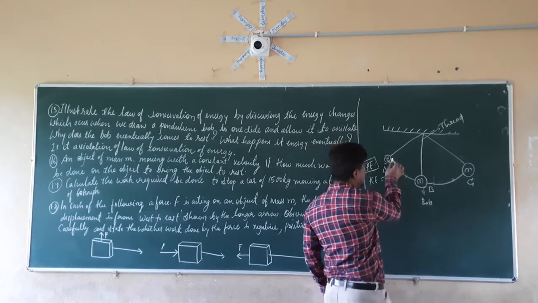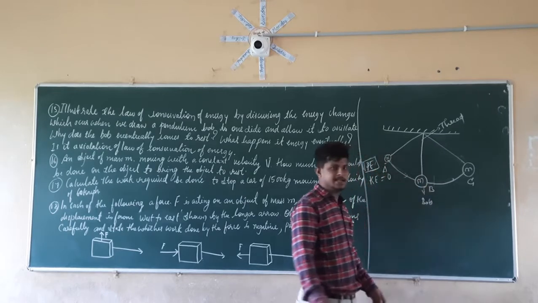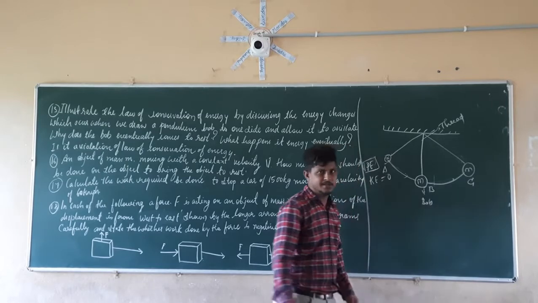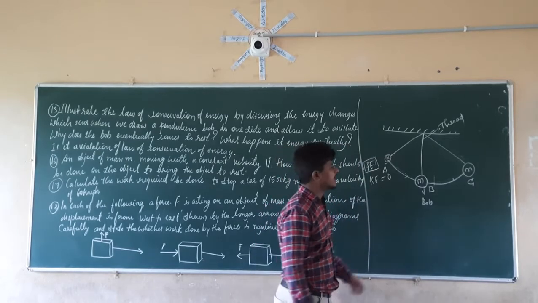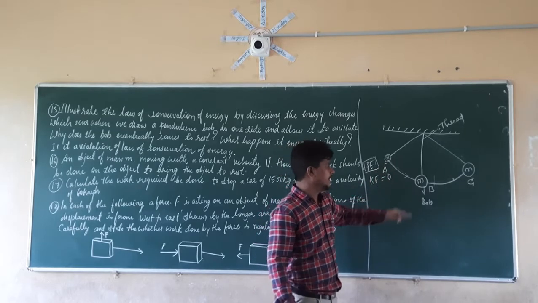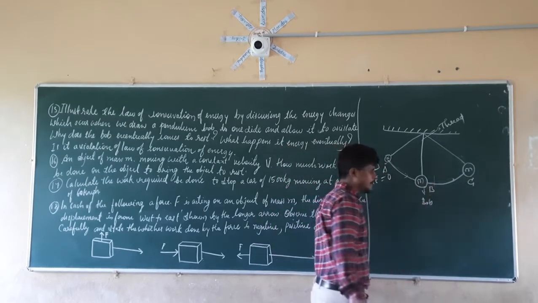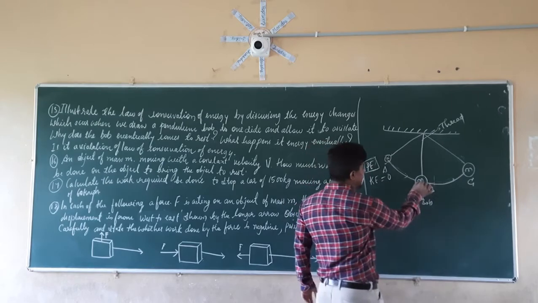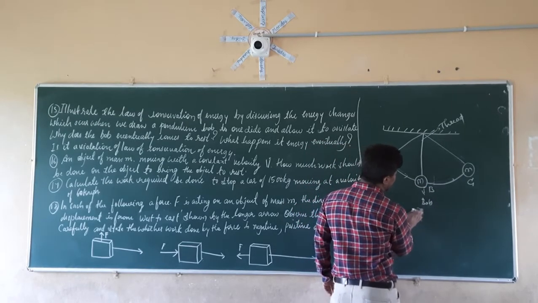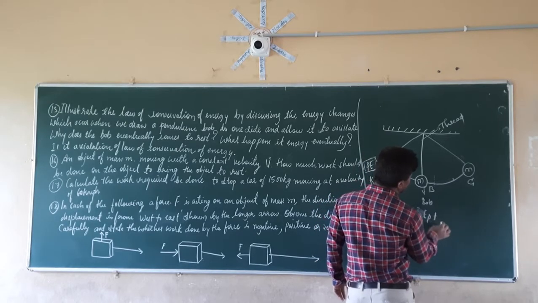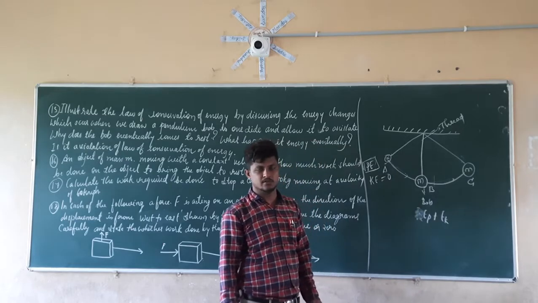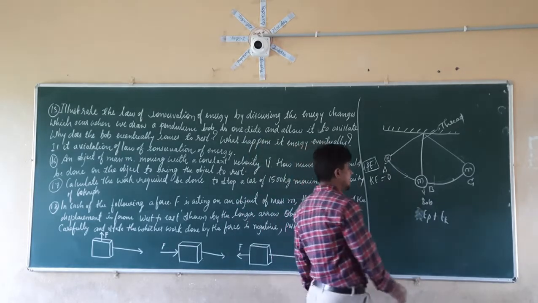Here, if it is moving like this, it is also going to have some kinetic energy, and since it is kept at some height, it also has some potential energy, which will be less than at the start. So at point B it is going to have the potential energy, EP, as well as the kinetic energy, EK.